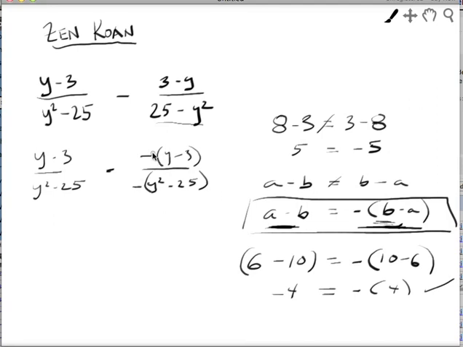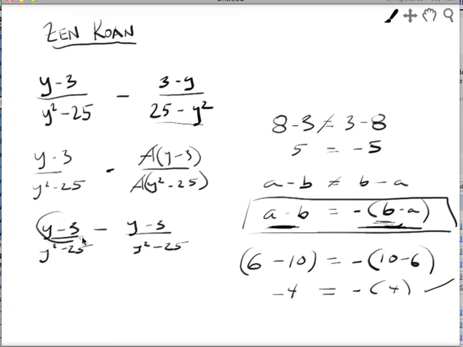Now, the minus signs can be thought of as multiplication by negative 1, and since we have all multiplication in the top and the bottom, they cancel. Let's do a little bit of cleaning up here. We have y minus 3 on the top minus the quantity y minus 3. Still we have two fractions whose denominator is the same. And when the denominators are the same, you simply do the arithmetic.